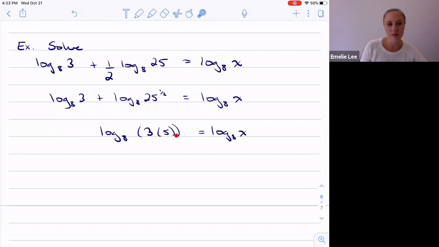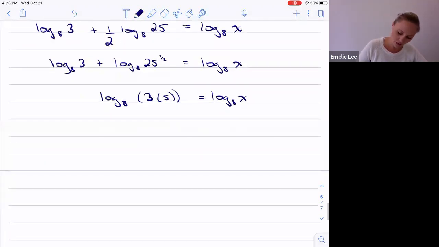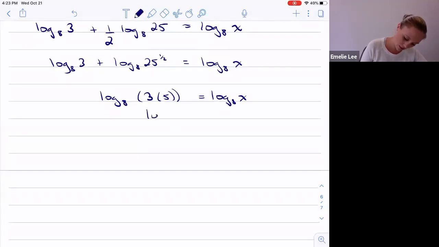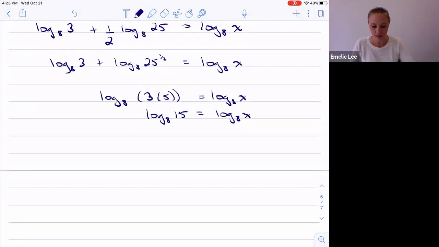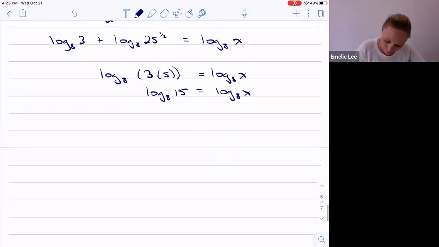The square root of 25 is 5, so I just did that in the same step as combining these when I'm adding these logs. So log base 8 of 3 times 5 is 15, so log base 8 of 15 is the same as log base 8 of x. But because these are the same base, I know that 15 must be equal to x, or x must be equal to 15.